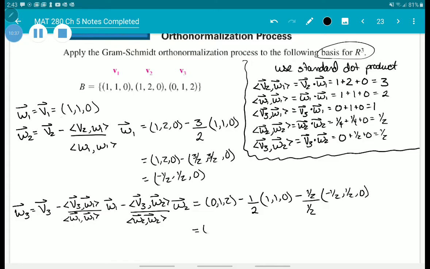So we have 0, 1, 2 minus 1/2, 1/2, 0 minus negative 1/2, 1/2, 0. So we're going to have 0, 1 minus 1/2 is 0. 2 minus 0 is 2. So there's our W3.